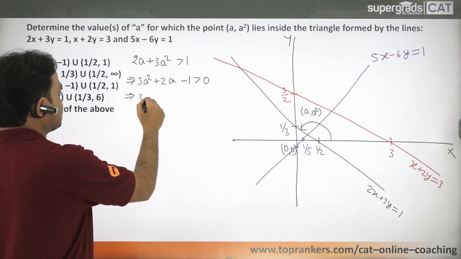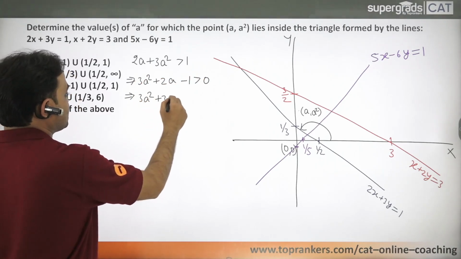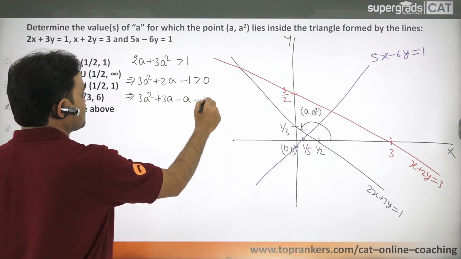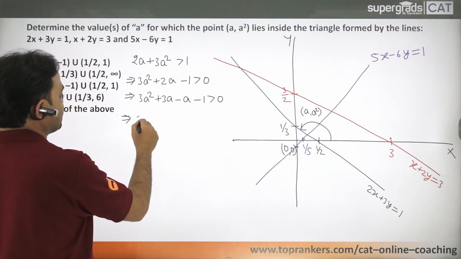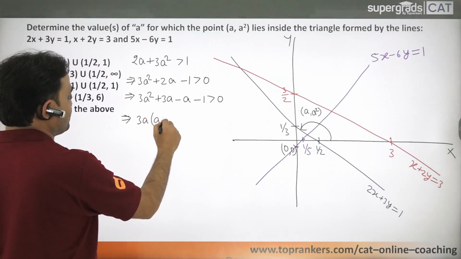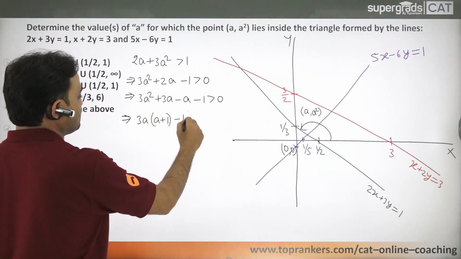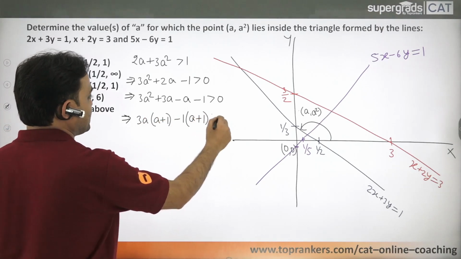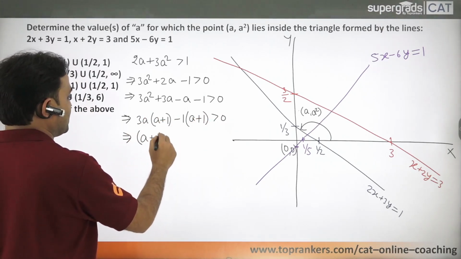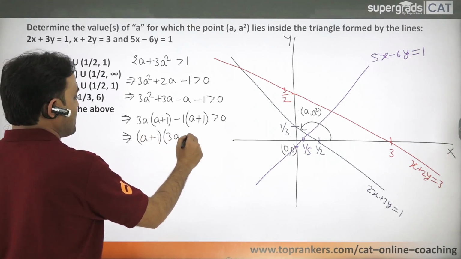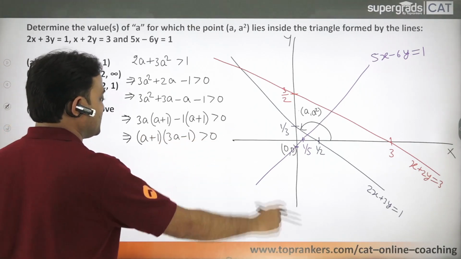This can be written as 3a square plus 3a minus a minus 1 greater than 0, or we can take 3a common, a plus 1, minus 1, a plus 1 greater than 0. What do we get? We are getting a plus 1, 3a minus 1 greater than 0.